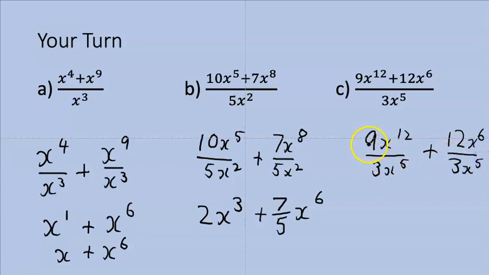And again, 9 divided by 3 gives me 3. x to the 12 divided by x to the 5 is x to the 7 plus 12 divided by 3 gives me 4. x to the 6 divided by x to the 5 is x to the 1. But as we said earlier here, we could just write it as x. And I'm done.